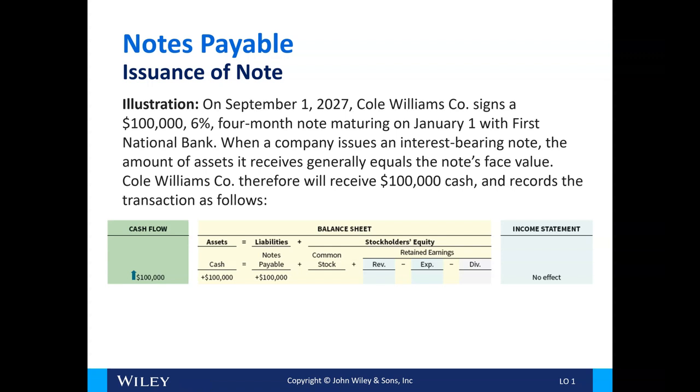So to determine the interest that we have to pay, first, again, when we record the liability, we received cash of 100,000, and so then we debited cash and credited notes payable. And the interest we're going to end up paying again is 100,000 times 6%, and this is for 4 months.